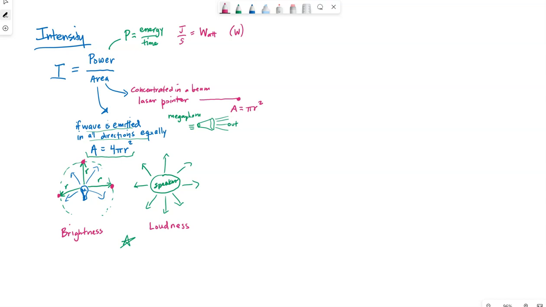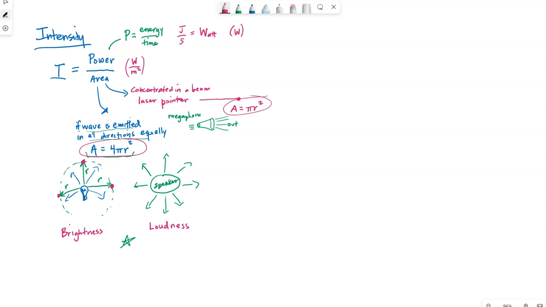So units for intensity will be watts per area, regardless of which situation we're talking about, the area ends up being in terms of a meter squared. So the units of intensity are watts per meter squared.